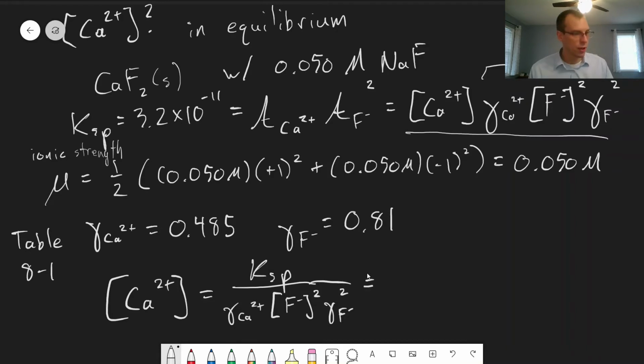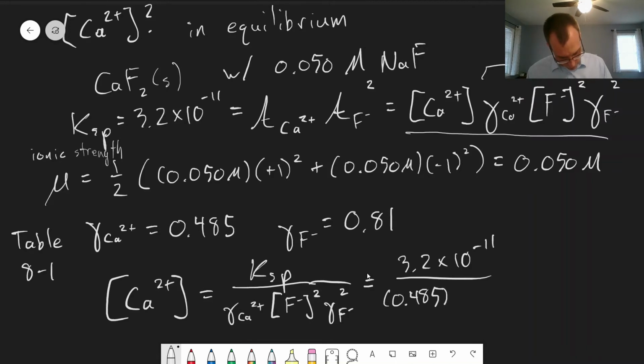Okay, and then we can just plug in all of our values. So we'll have 3.2 times 10 to the minus 11 divided by 0.485. Concentration of fluoride is 0.05 molar. There'll be a negligible contribution from the calcium fluoride, so we can ignore that. Our concentration is going to essentially just be due to the sodium fluoride, and that needs to be squared.